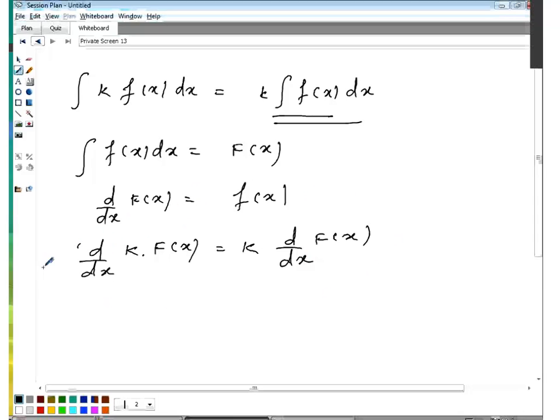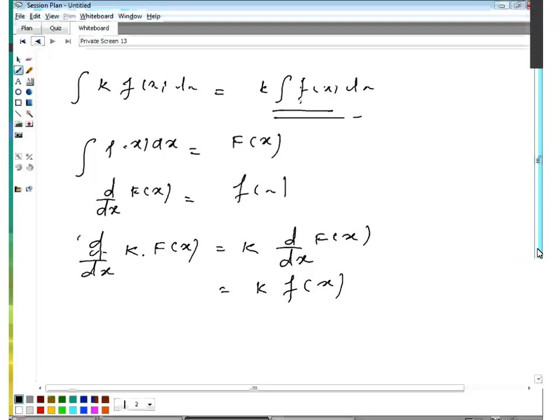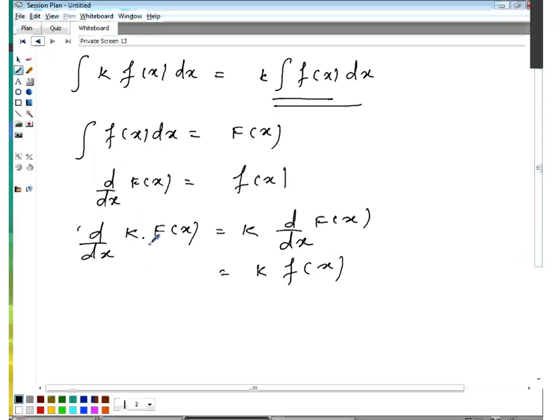This we already know. But d/dx of this F(x) is this f(x). Derivative of this fellow is this.